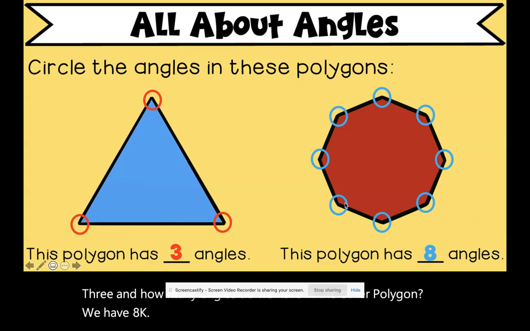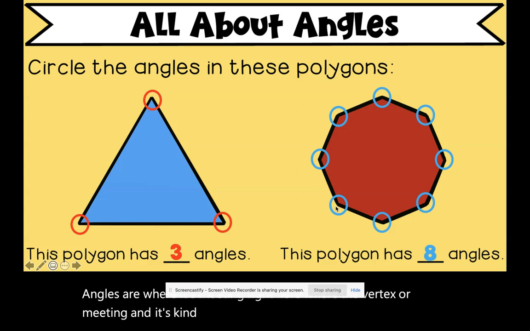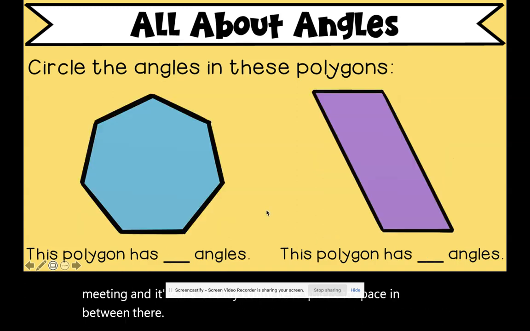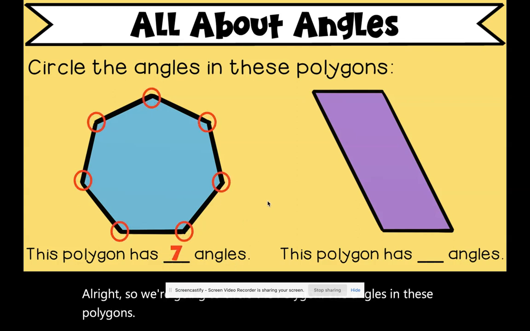Angles are where the vertex is meeting, where they connect. It's the space in between there. All right, so we're going to circle the angles in these polygons. We have 7. And in this polygon, we have 4.